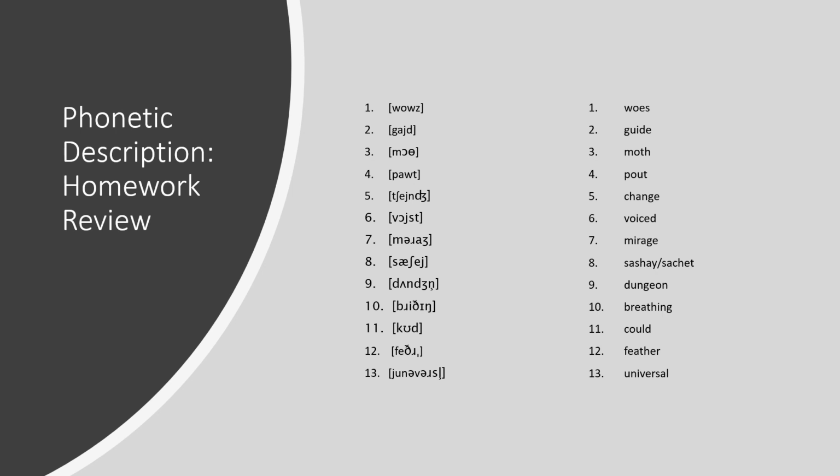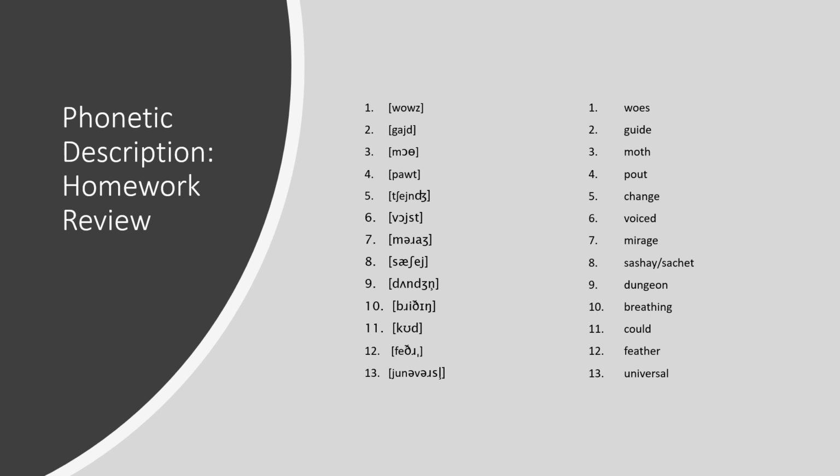So in this case, we have a C-O-U-L-D, could, right? And it's simpler in the IPA. We have feather. You'll notice that the R has a line, right? That means that it is sonorant, just like that N above it and like the L below it. So it's going to have the power of a syllable.